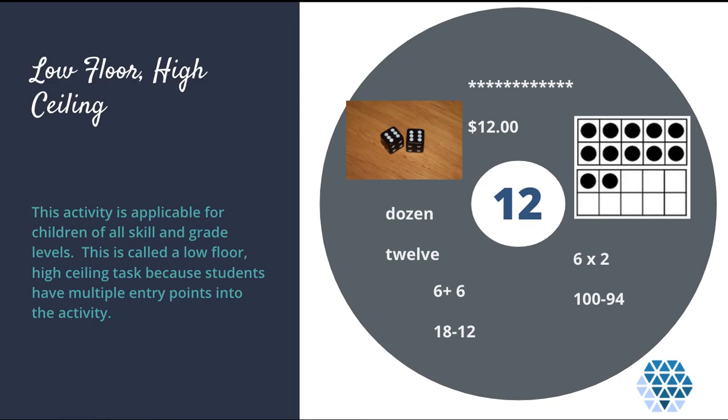We can use words like dozen or 12. We could show it with dice, with 10 frames, with dollars. You see addition, subtraction, multiplication, all in this circle map.